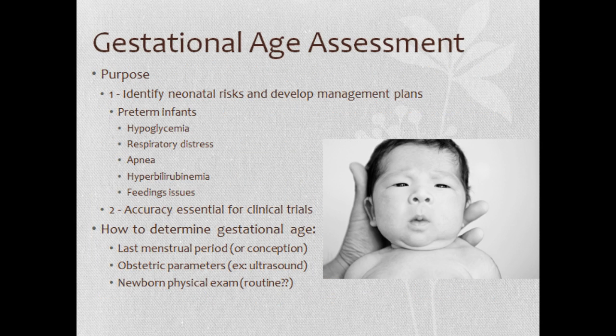So moving on then, looking at gestational age assessment. We're going to look at gestational age assessment and then we'll go to behavioral assessment. So gestational age assessment, why are we doing this?